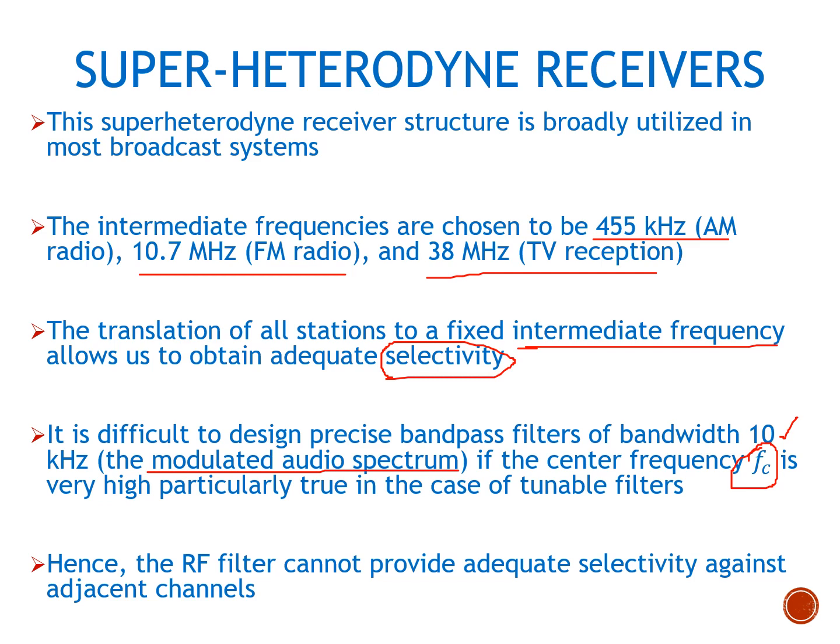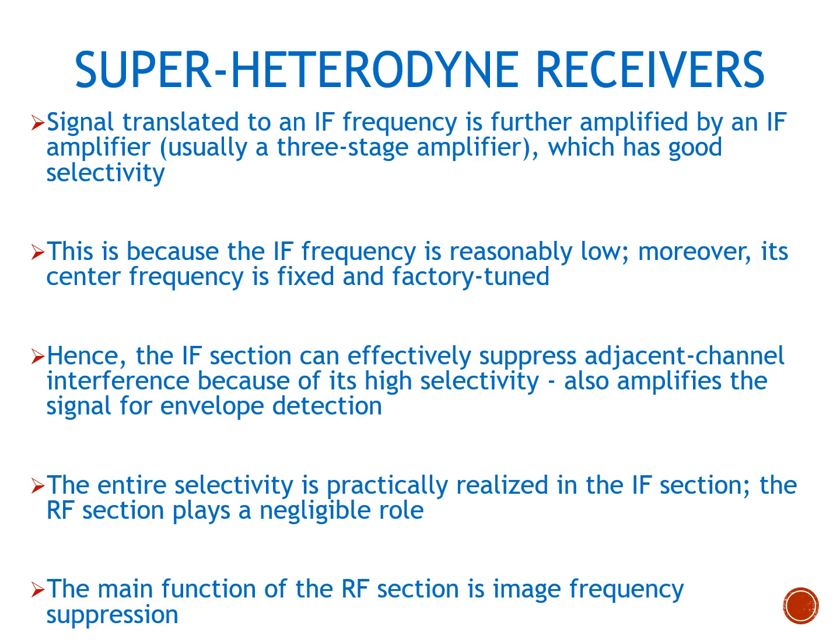That's why we convert this carrier frequency, the channel frequency, to these IF frequencies. An RF filter cannot provide adequate selectivity against adjacent channels. The signal that is translated to IF frequency is further amplified by an IF amplifier. After this stage, where the signal is converted to IF frequency, all the remaining stages need to be tuned to a single IF frequency, so they can be just hard wired to this frequency.